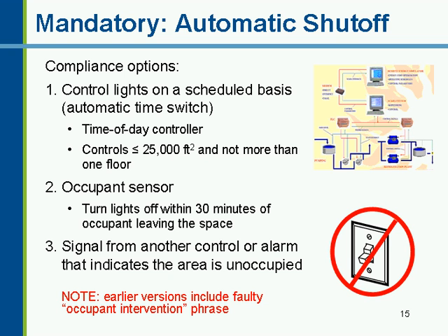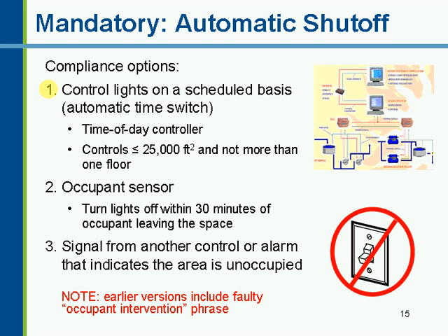Now, in terms of complying with this automatic shutoff, there are 3 ways to comply with it. The first would be a whole building time switch or some other type of automatic time switch that would control the lights based on operating business hours, for example, in the various spaces within the building.